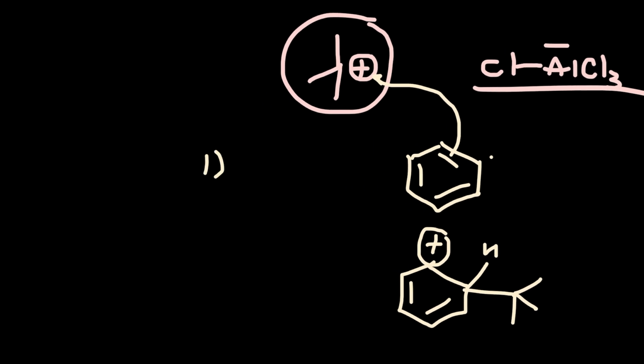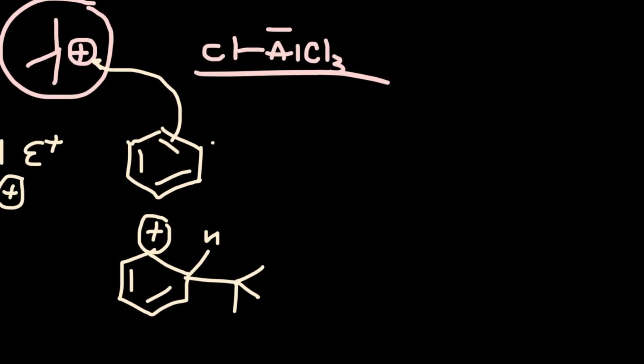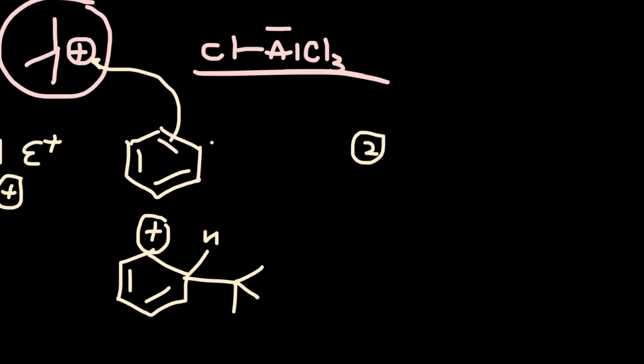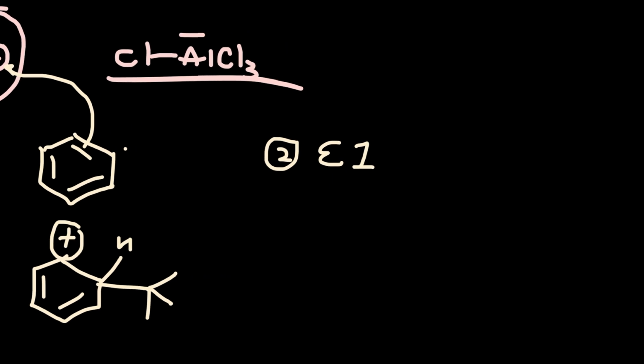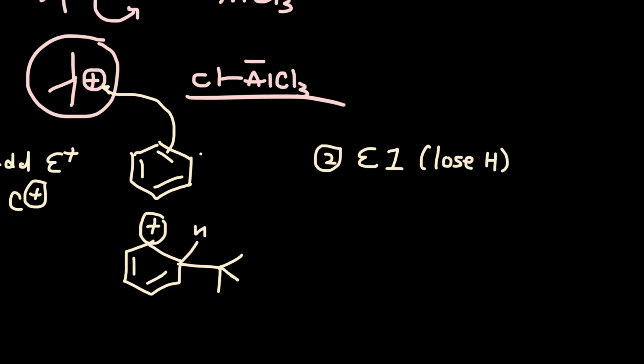And now, this is step 1, okay? Step 1 is adding the electrophile to make a carbocation. Okay. Now step 2 is an elimination reaction. Okay, elimination 1 because of the carbocation, and this is a step where you lose the hydrogen, so then you revert back to a benzene.